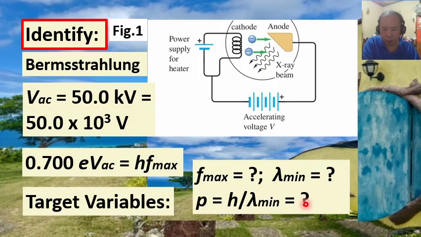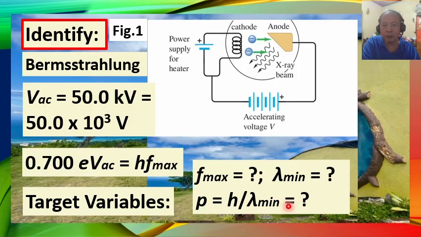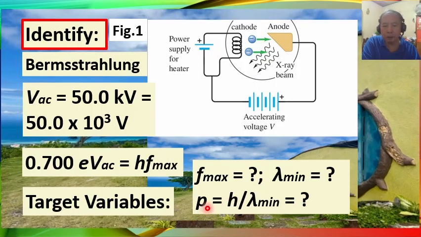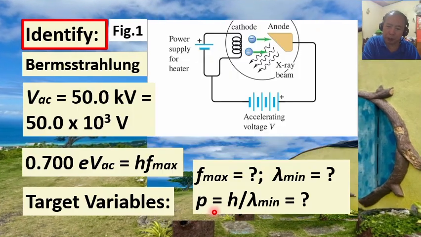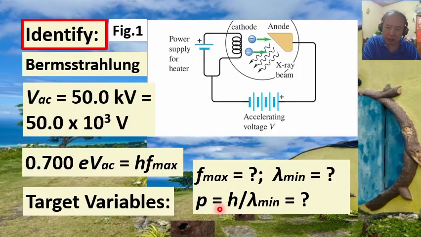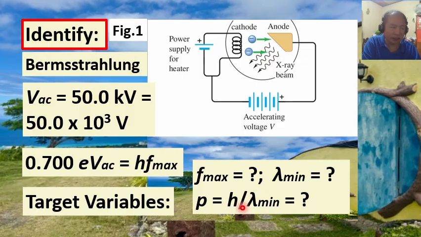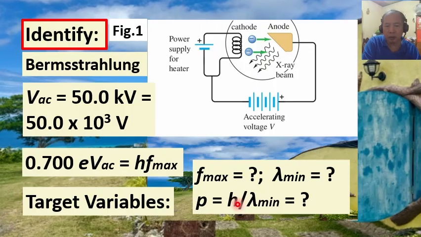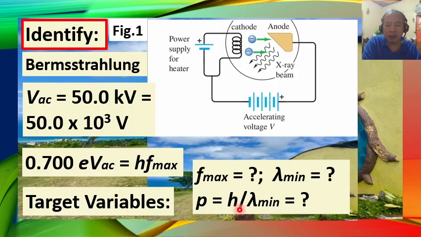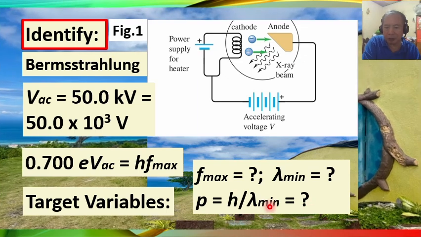And also we are to determine the magnitude of the photon's momentum, denoted by small letter p, which is simply the Planck's constant h divided by the minimum wavelength of the photon.